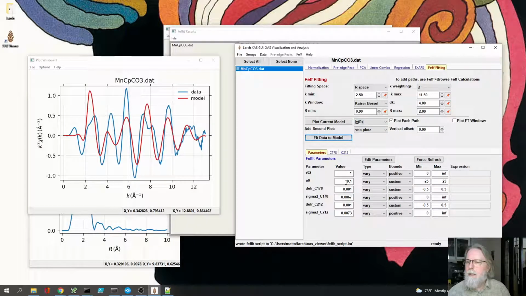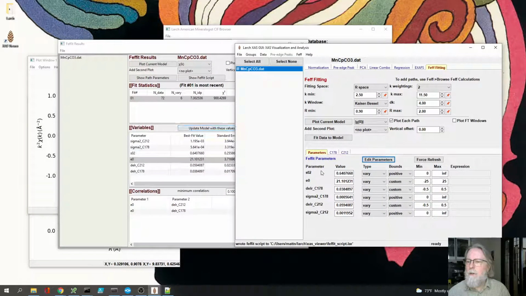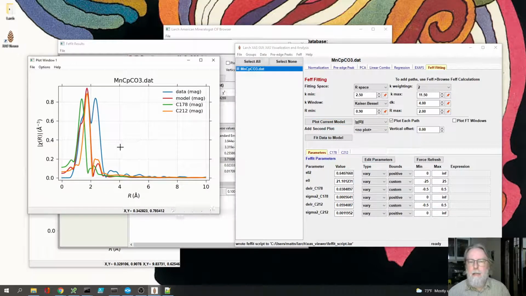But if I go back here and take those values, from this I can say update model with these values. That fills in all of these points. And now if I plot the data with the current model, I get that. That's our fit. But what if I change that E0 back to a value closer, let's just make it 1. That's a reasonable value for E0.